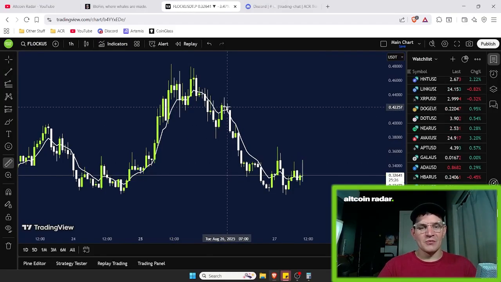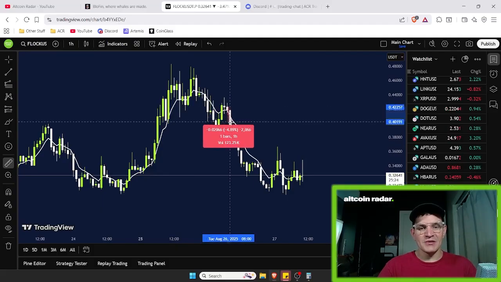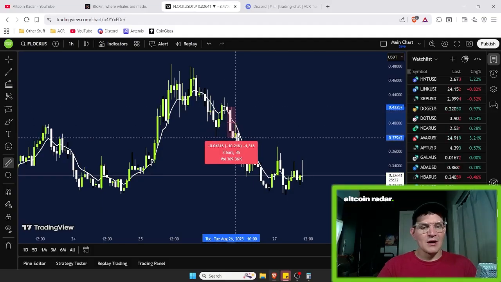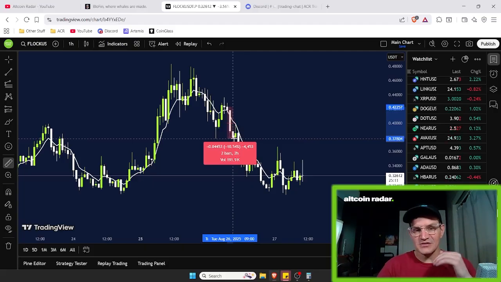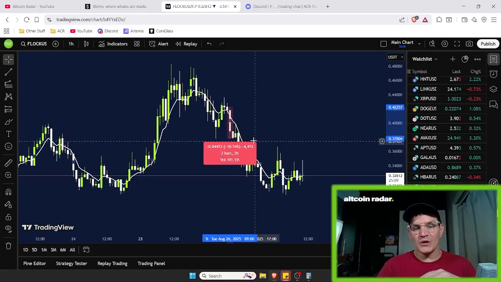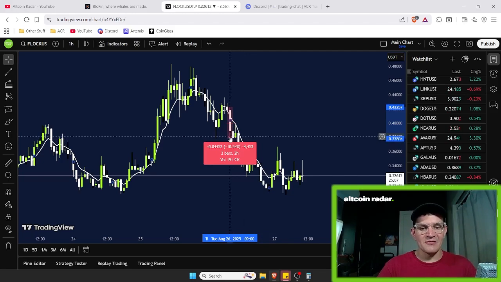So if you were to have entered right in there and ridden it down to wherever you feel is a good comfortable level, usually I like to ride it down until price action or the candle itself starts to deviate super far away from the moving average, which right here is a very decent level to take profit, which is where I personally would have taken profit.